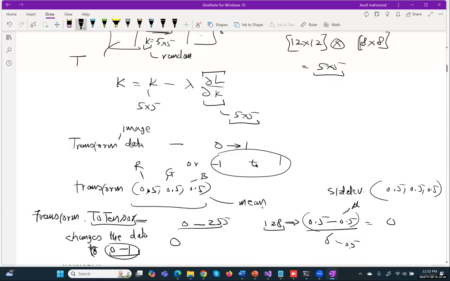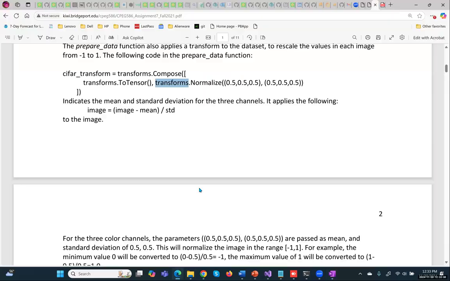Still 0, right? 0 is 0, 255 is 1. Now subtract the mean and divide by the standard deviation. You can see now it became -1. Similarly, if you feed in 255, it will become 1, so you can verify that. So part of the setup in this assignment is transforming the data from -1 to 1.